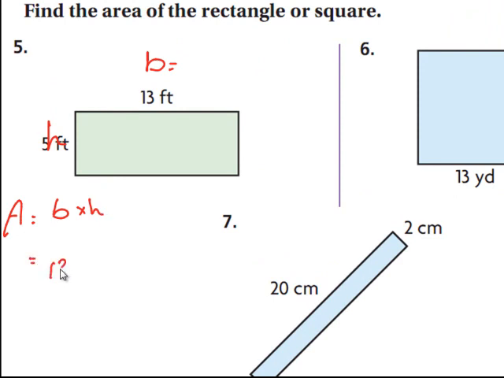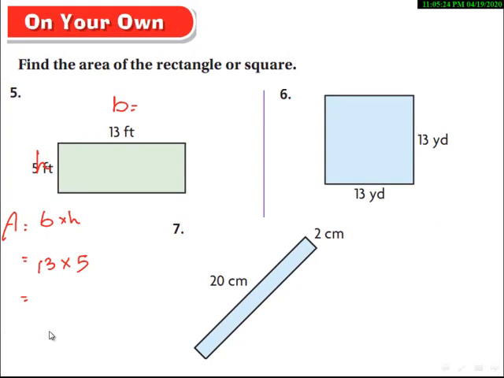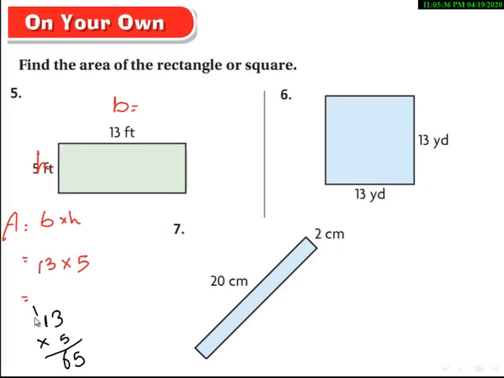Base 13 multiply height 5. Try to do it step by step. So 13 multiply 5. 5 by 3, 15. 5 and carry 1. 5 by 1 equals 5 plus 1, 6. So the final answer is 65. 65 what? 65 square feet. Great job.